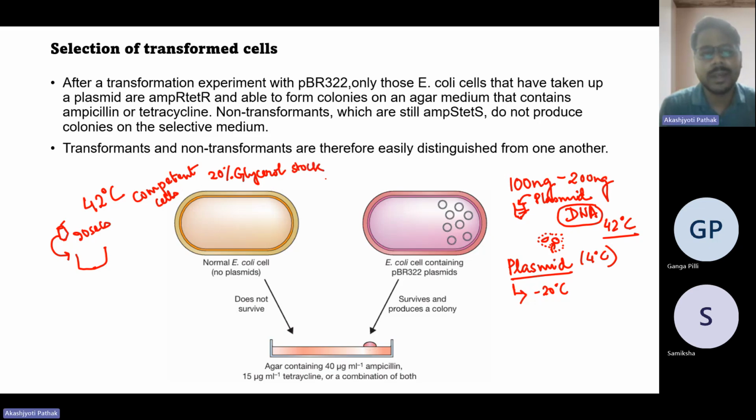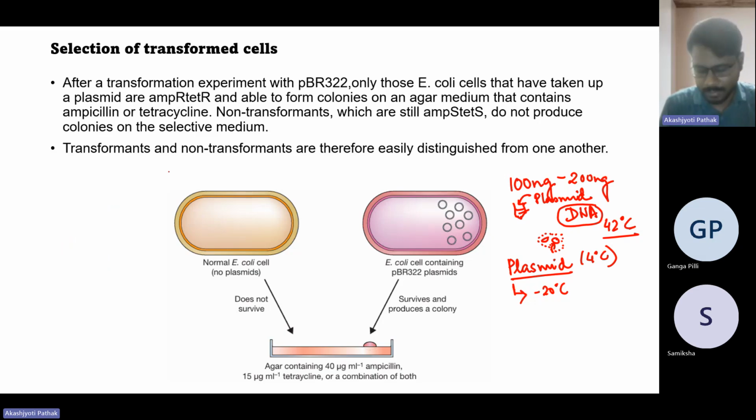If you are preparing 15 ml of competent cells, accordingly you can do the calculation and prepare glycerol stocks of that. The competent cells have to be stored in 15 to 20% or 20 to 25% glycerol stocks, but the plasmid you can store as it is.